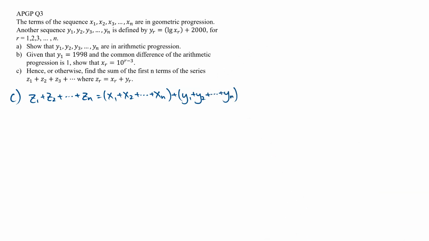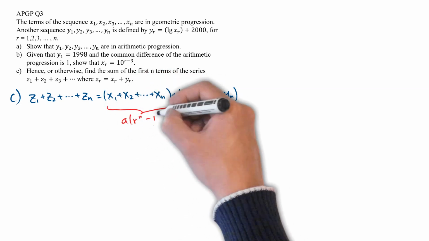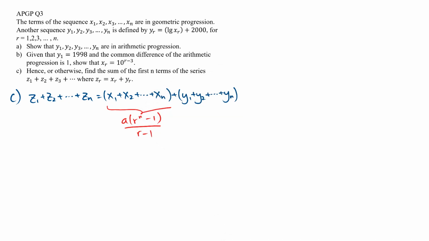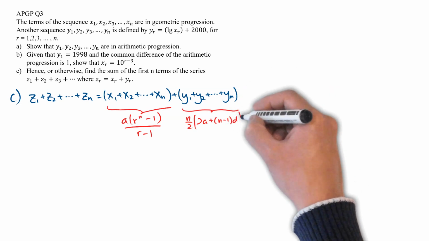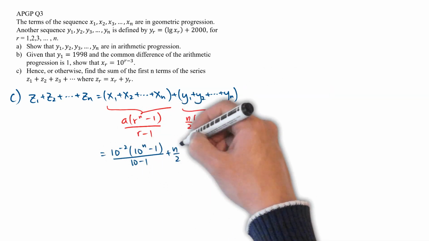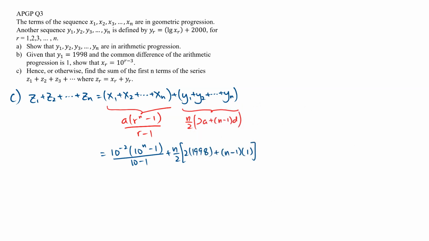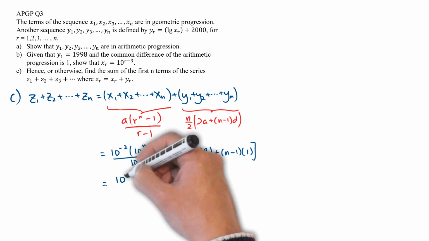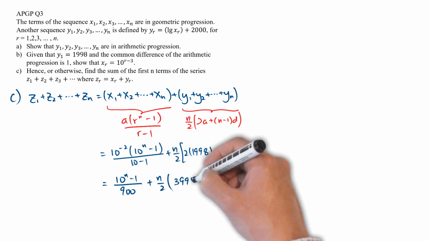The reason for doing so is because we know that x follows a geometric series and y follows an arithmetic series, and we can then apply the summation formula for an AP and a GP appropriately. This gives us the following forms, and we can simplify and eventually arrive at the sum of z1, z2 all the way to zn to be equal to 10 to the power of n minus 1 divided by 900 plus n over 2 times 3995 plus n.